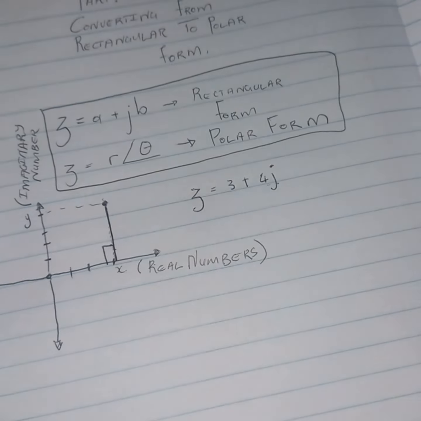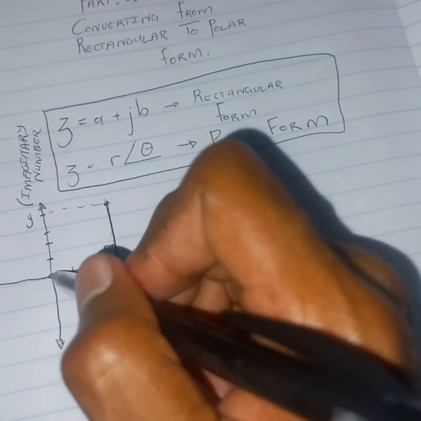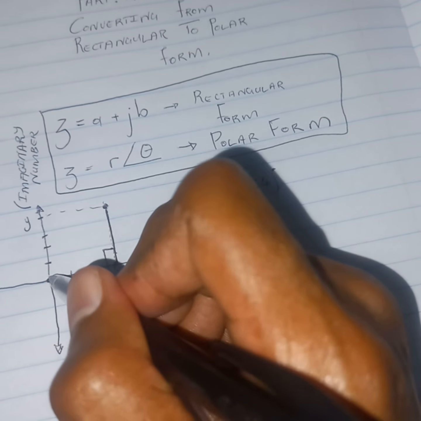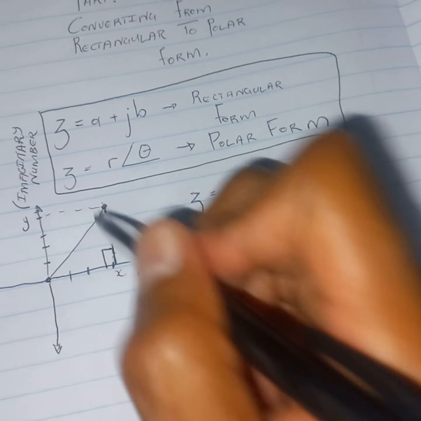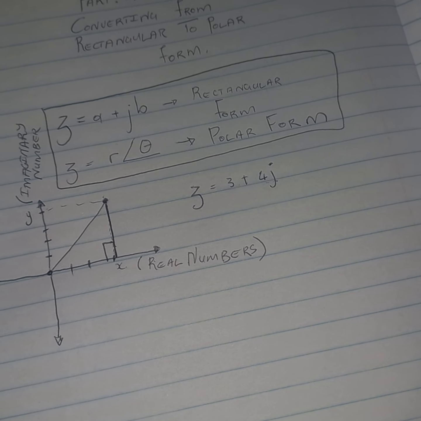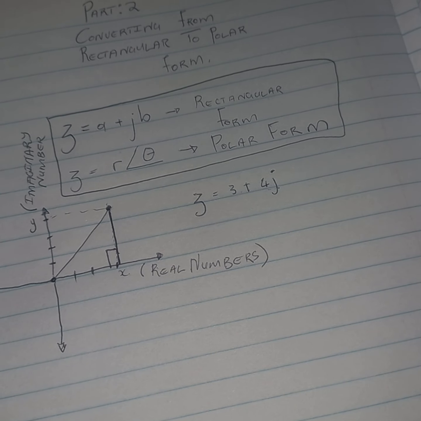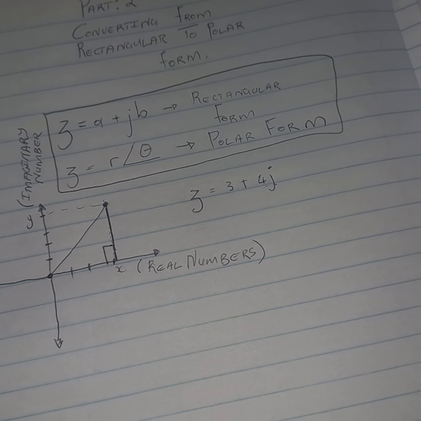Then if I draw a line from the 0 point to that point, you can clearly see that we have a right angle triangle.